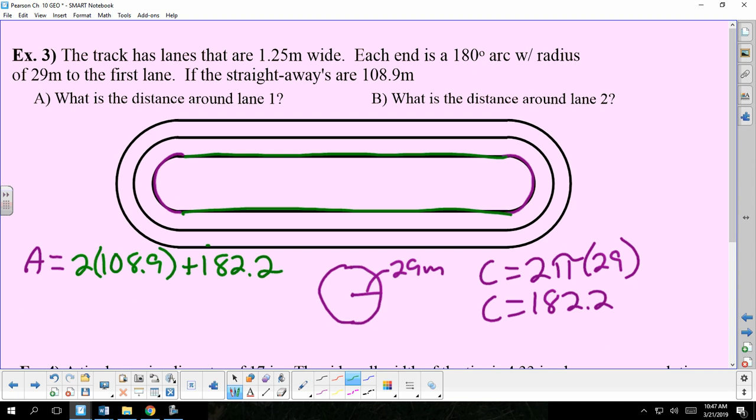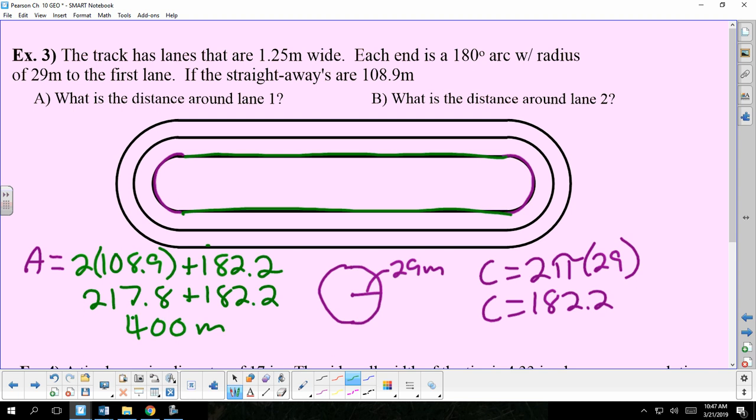Let's see what we get. And we get exactly 400 meters. Ooh.